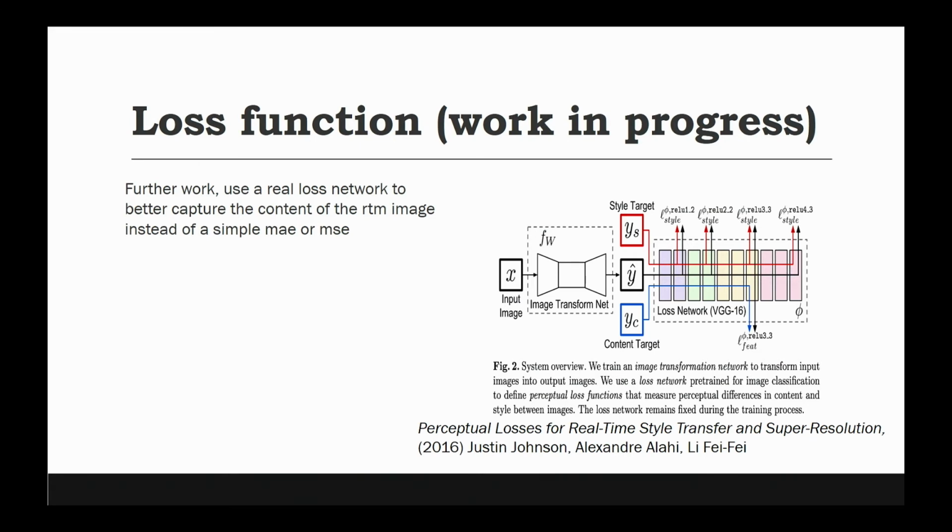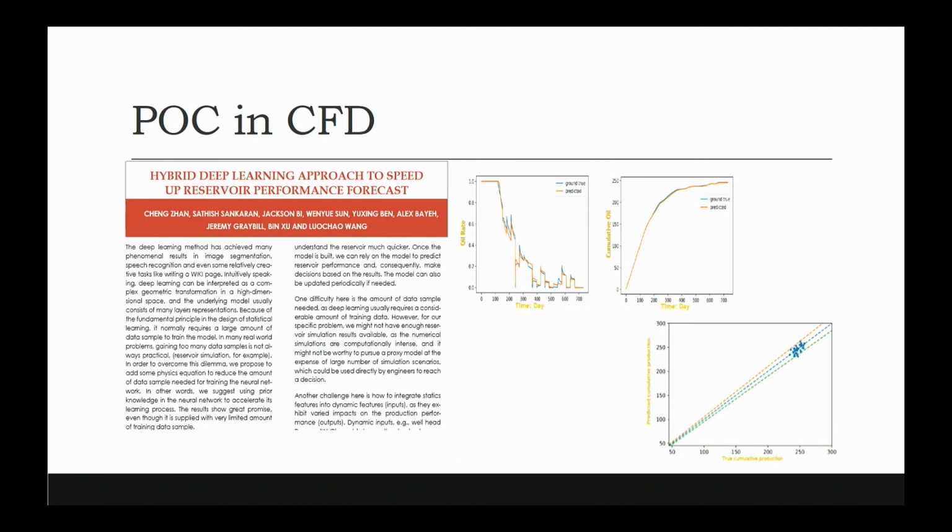So actually, in the field of computational fluid dynamics, there's some similar work. Like here, this diagram is modeling how fast the oil flows for a certain well. So the blue curve represents the result from the reservoir simulation.